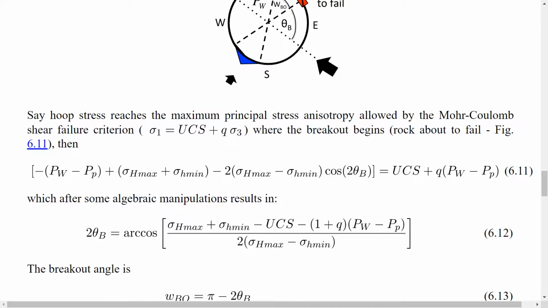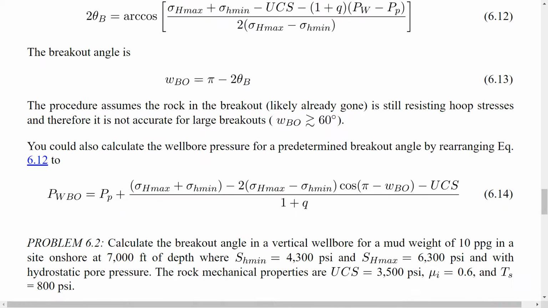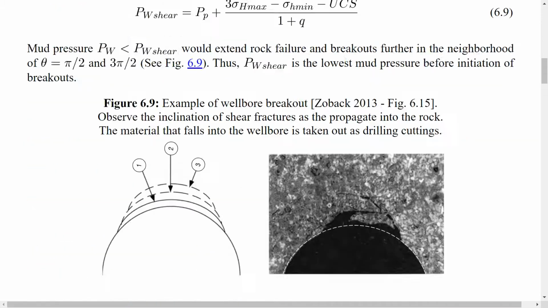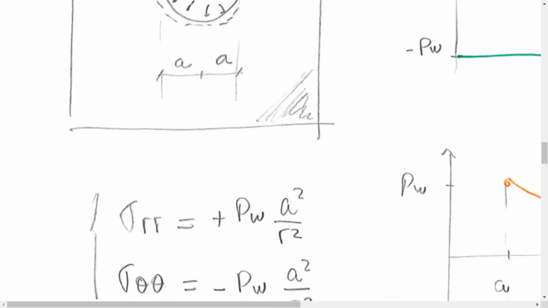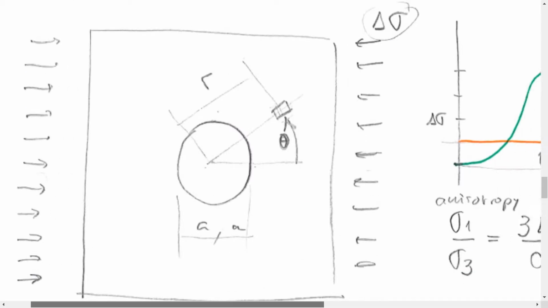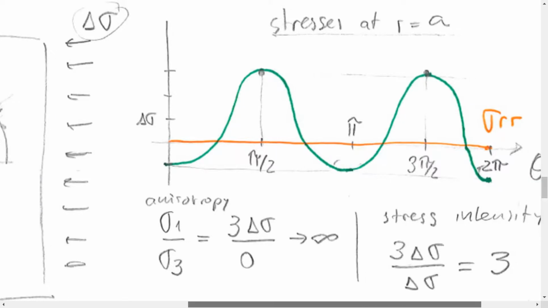But obviously, if you have the same UCS for the rock around the whole wellbore, and if you have hoop stresses increasing in the wellbore, you reach the UCS around the wellbore in different parts while it's increasing, right? So I'm thinking, would it shear along the well in different parts, instead of only the north or south?